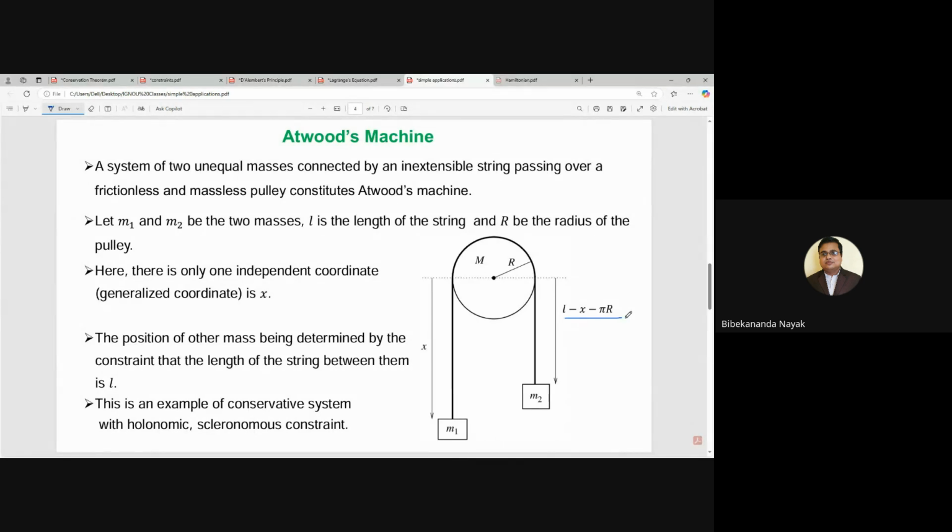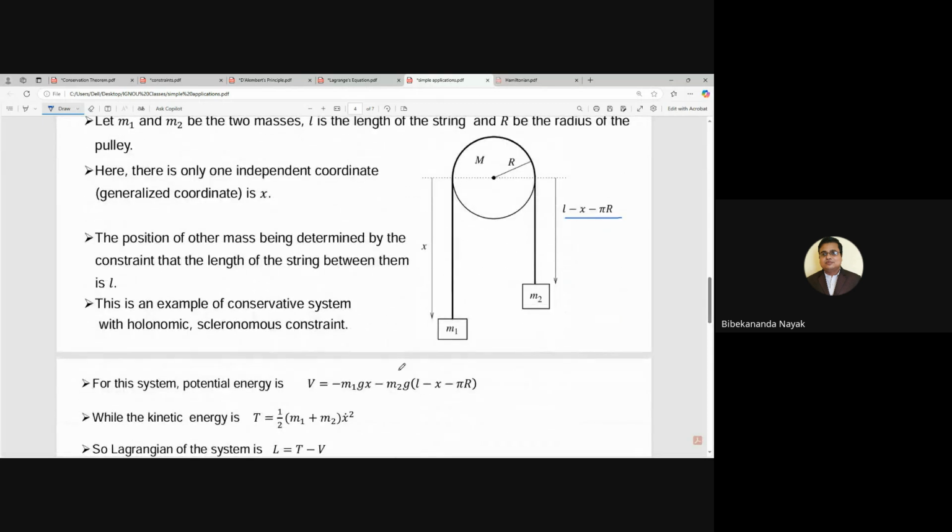Here there is only one independent coordinate X, because from one coordinate you can find the other. It is holonomic and scleronomic, with no time dependence. What is the potential energy? The potential energy zero will be here, so both masses are below zero and the potential is negative.